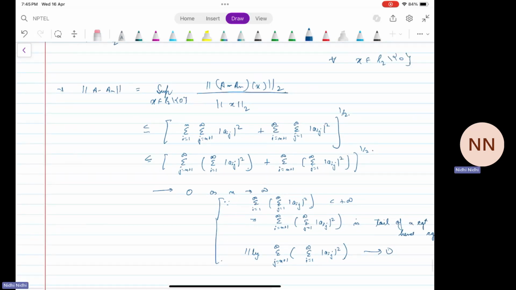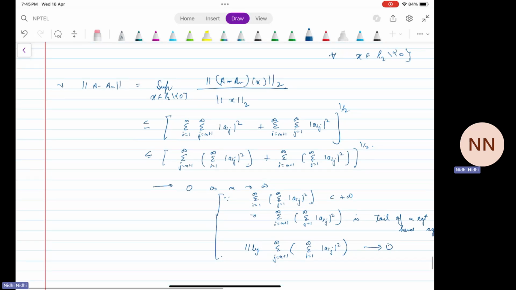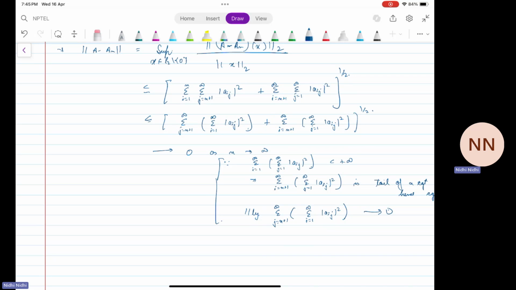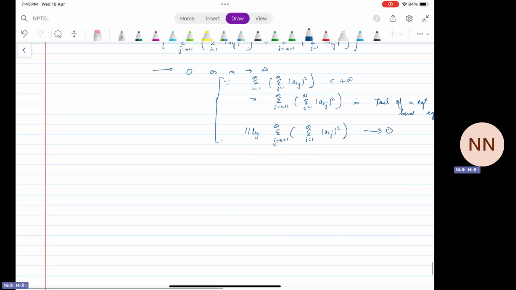That means A_n converges to A in the space of bounded linear operators, and A_n is a sequence of compact operators converging to A in the space of bounded linear operators. Therefore, A is compact.